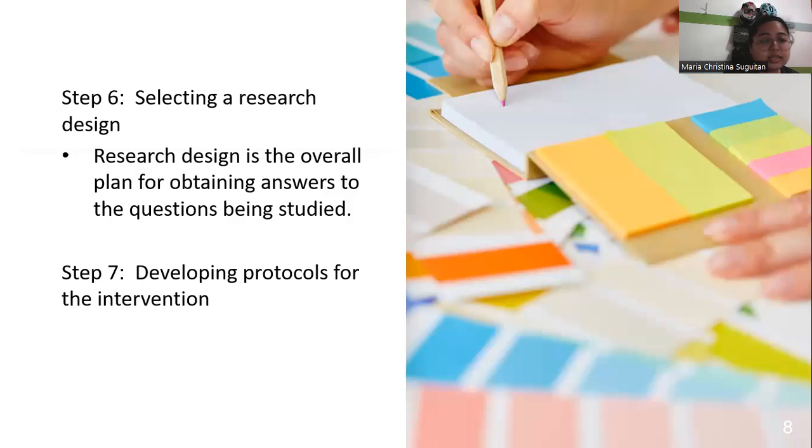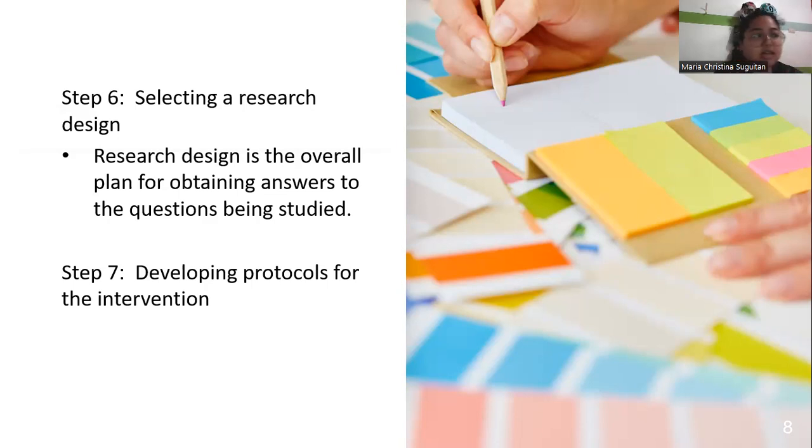So, step 6 under phase 2 is selecting a research design. Anong gagamitin yung design? Ano ba research design? Qualitative ba o quantitative? Okay? So, kaya tinatanong, ano study nyo? Quantitative, qualitative. O, pag sinabi quantitative, trial and error.